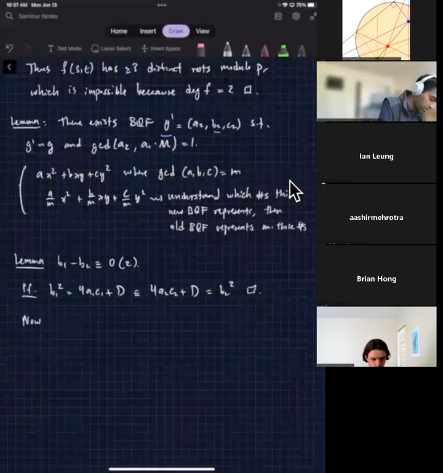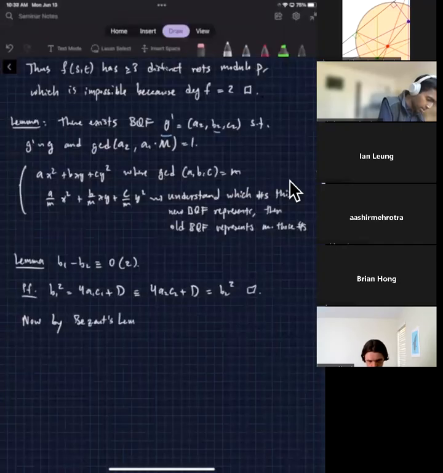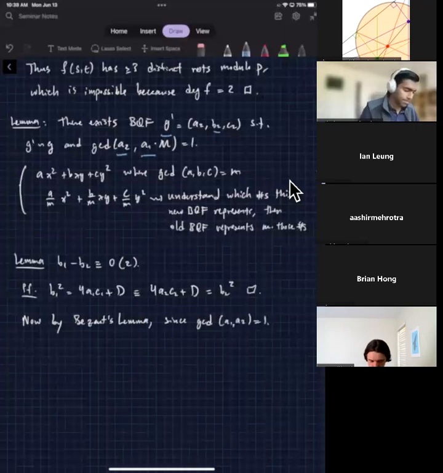So now, by Bézout's lemma, since the GCD of a1 and a2 is equal to 1. Remember, we arranged that the GCD of a1 and a2 is equal to 1 in the second lemma.